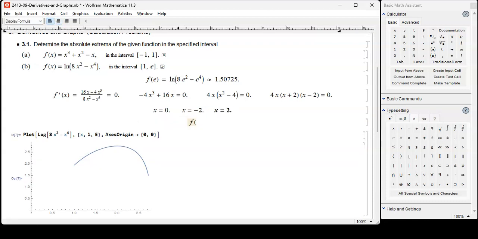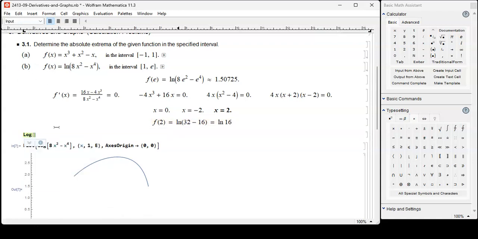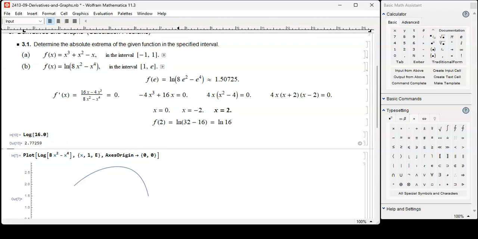In that case, f of 2, well, looks like I'll have to plug into the calculator again. 8 times 2 squared, so 8 times 4, 32, and then 2 to the fourth power, that's 16. So that's log of 16. But then again, what is log of 16? 2.7 something.